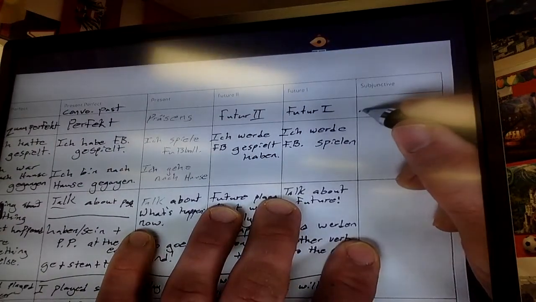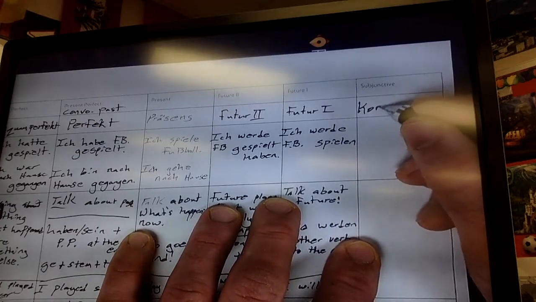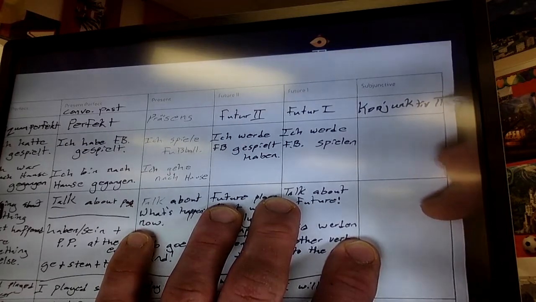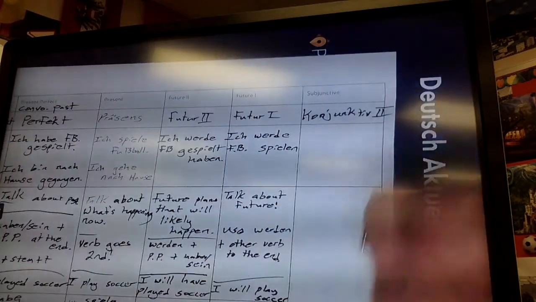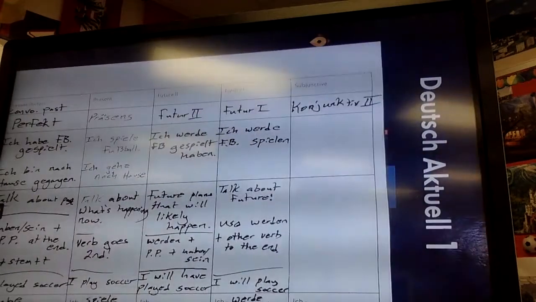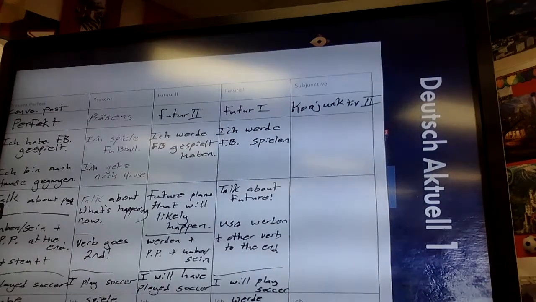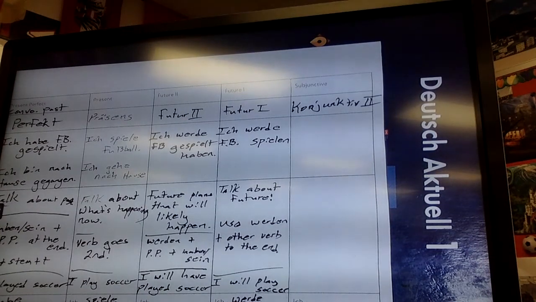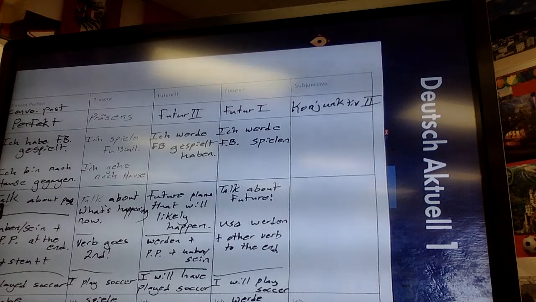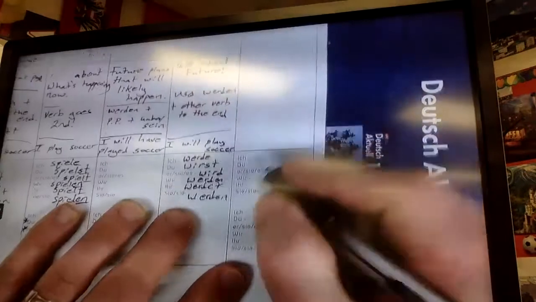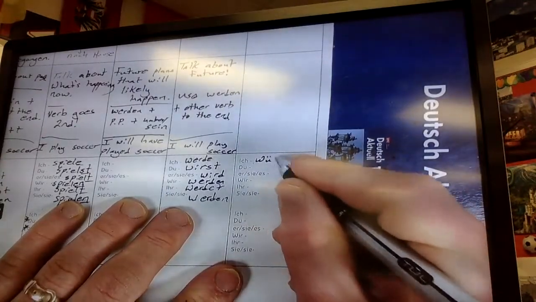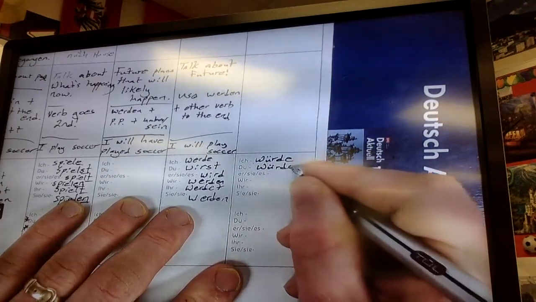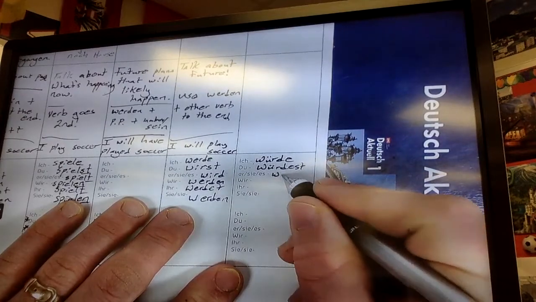The German word for the subjunctive is the Konjunktiv. Konjunktiv zwei, we're gonna say there are two. Konjunktiv eins, I hinted, is very uncommon, so we're not really gonna put it in our brains. But the Konjunktiv zwei is most often gonna be used with würden.